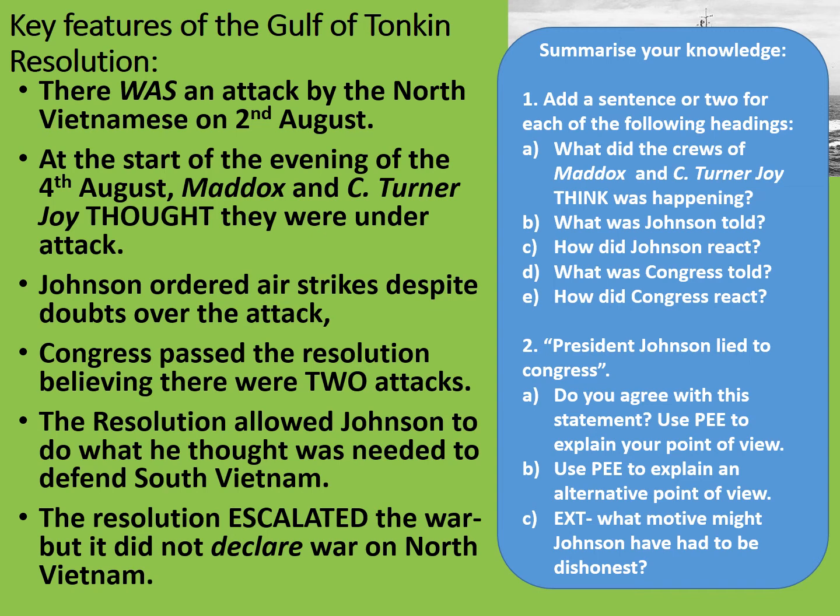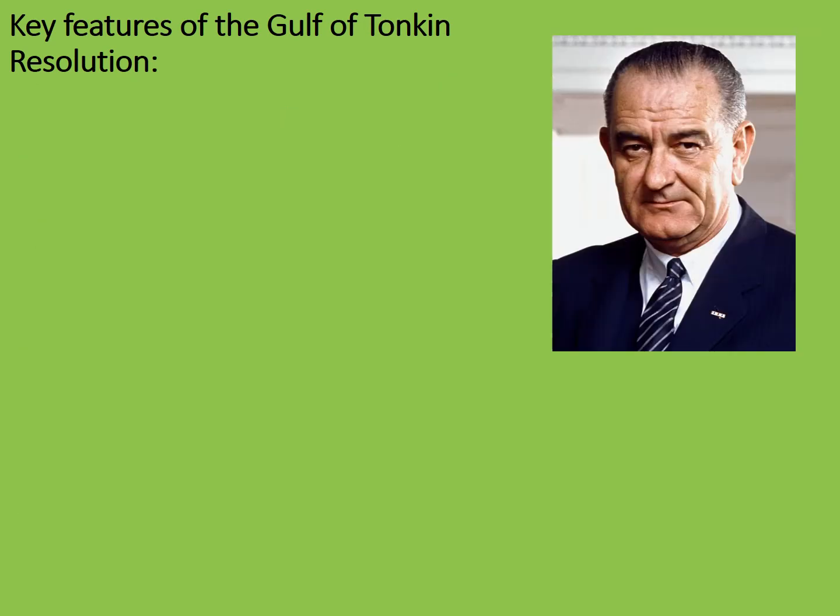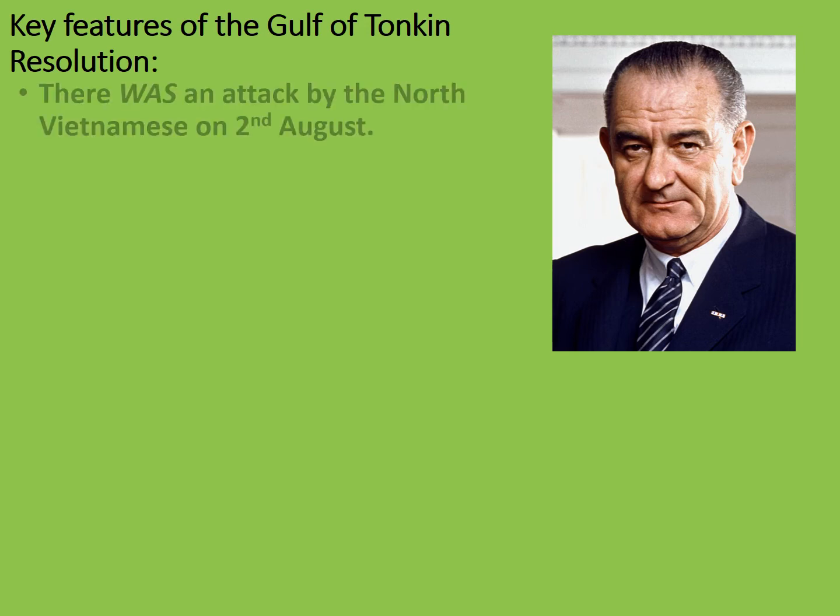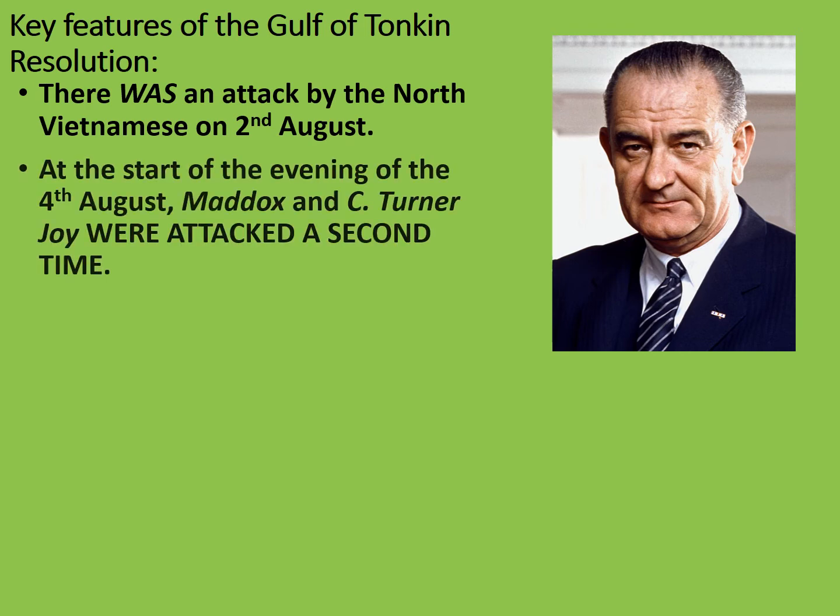Done? Alright, well, let's see how well we've understood it. Here are the key features of the Gulf of Tonkin Resolution again, except this time I've deliberately included some inaccuracies. See if you can spot them. Firstly, there was an attack by the North Vietnamese on the 2nd of August. Secondly, at the start of the evening on the 4th of August, Maddox and Turner Joy were attacked a second time.